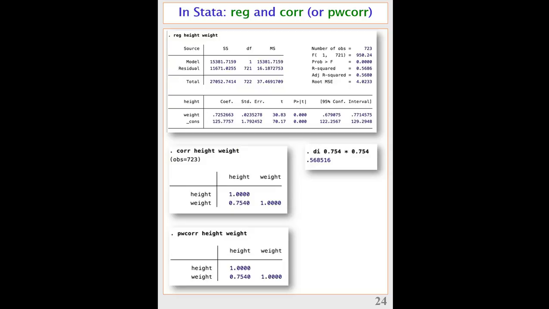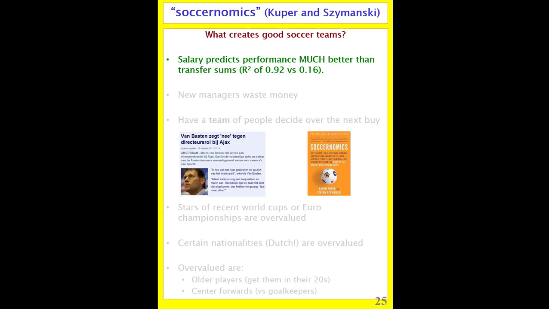Okay, just to give you a feel for what this meant: we looked at before, and I talked about how it is useful to try to predict something from something else. We had salary predicting performance, and that actually worked out quite well, with an R squared of 0.92. At that point you didn't know what that was, now you do.